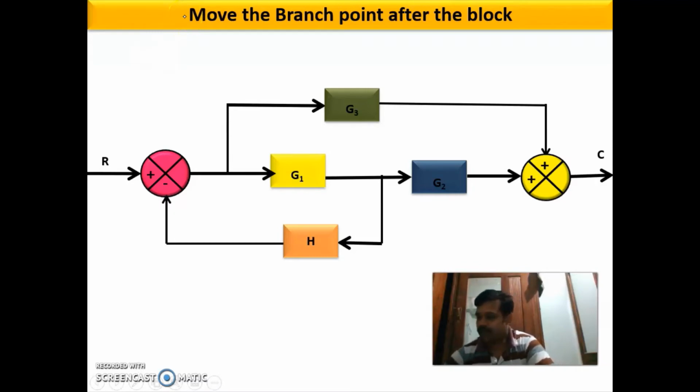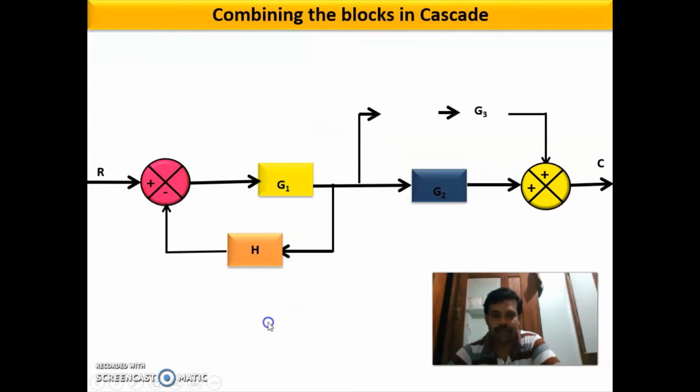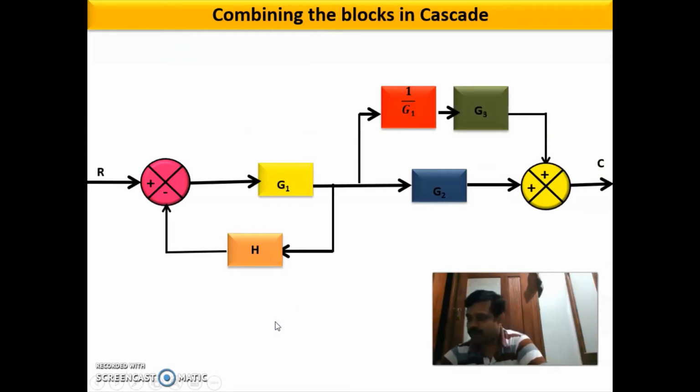So you're going to move the branch point after this block G1. After moving this branch point, as I have already told, we have to multiply by 1 by G1.